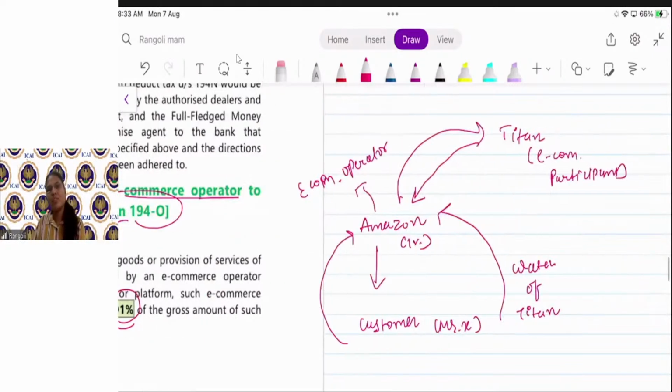Okay. So that government will know how much sale is made through e-commerce.